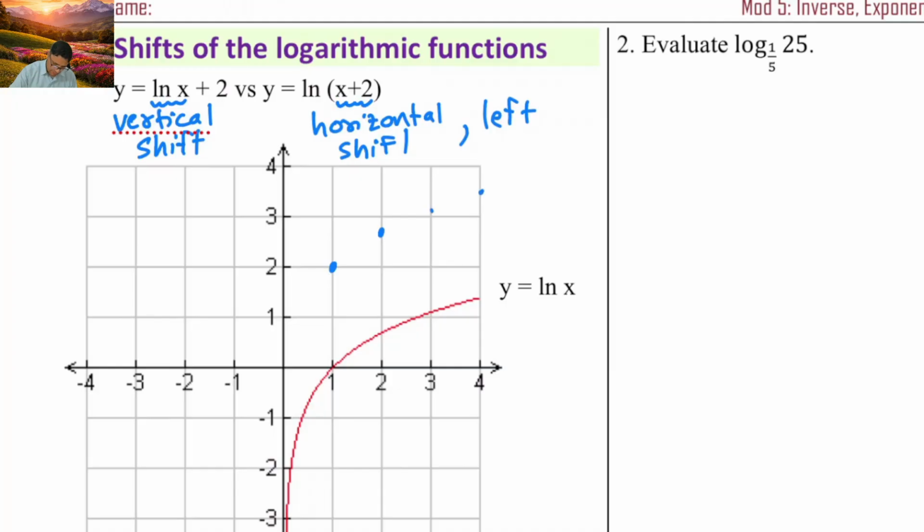At 3, it will be here, and so on. The asymptote is still the y-axis, but shifted up by 2 units. So that is ln x plus 2.